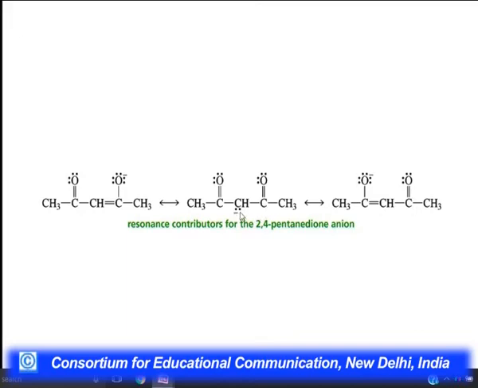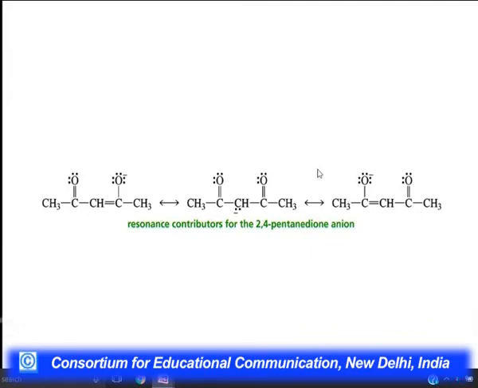Then we can have more resonating structures for it. The negative charge will go on to this oxygen, the pi bond shifts, and it results in the formation of a lone pair of electrons on oxygen with a formal negative charge on the oxygen. So this is resonance stabilized.